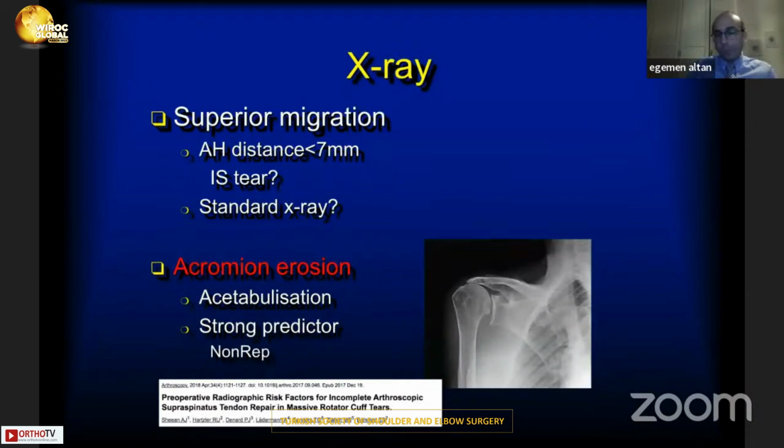We see a superior migration of the humeral head, and the acromiohumeral distance may be less than 7 millimeters, and this means an infraspinatus tear in these kinds of X-rays, but we cannot get standard X-rays every time. We must be careful about that. Acromion erosion is another X-ray sign, and acetabularization shows us a strong predictor for non-repairable tears of the rotator cuff.